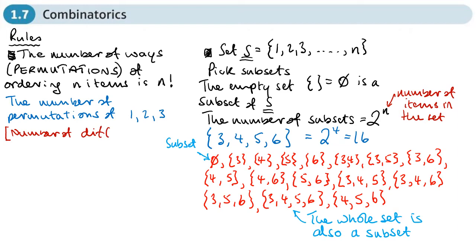Sometimes this question appears something like this: basically the number of different numbers you can make with a certain set of digits.